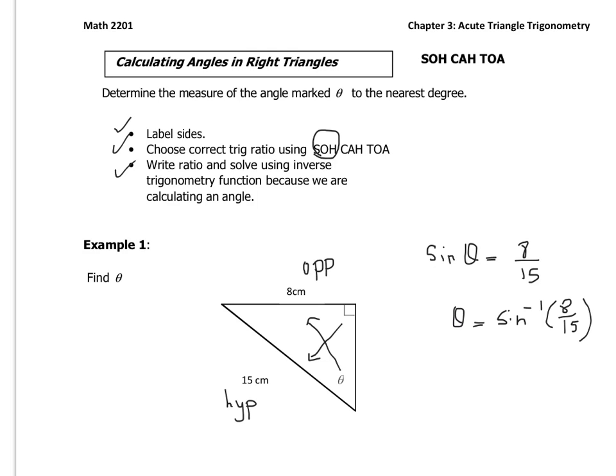In some calculators you can hit the inverse sine button first and then bracket 8 over 15, close your bracket. So if I do inverse sine in my calculator of 8 divided by 15 and close my bracket, I get 32.23, and so on. So if I'm rounding that off to the nearest degree, that would just be 32 degrees.